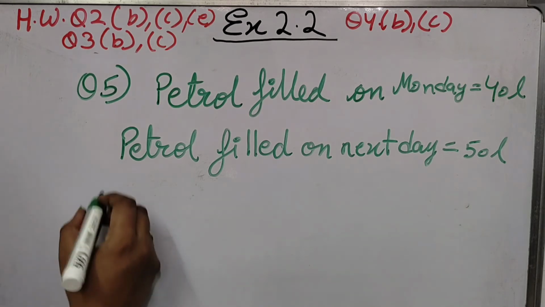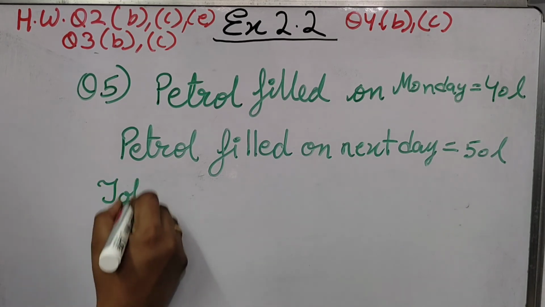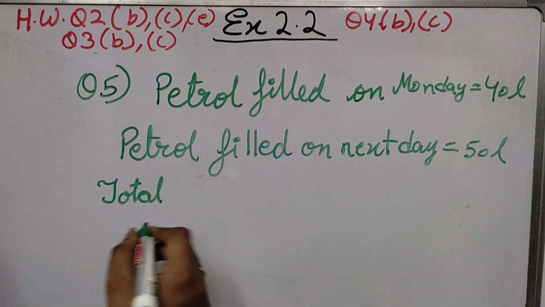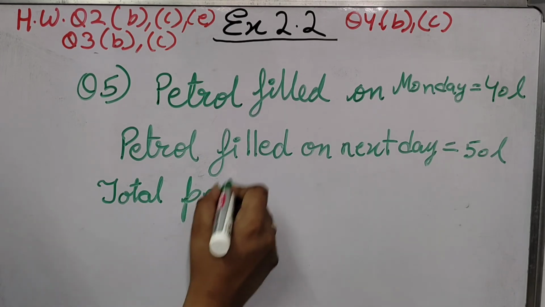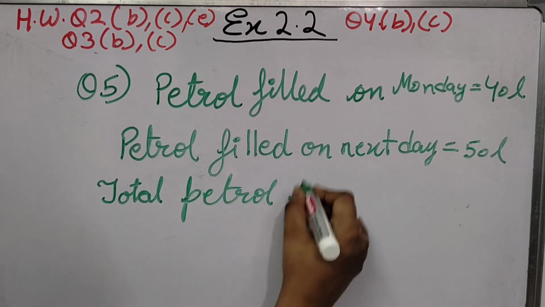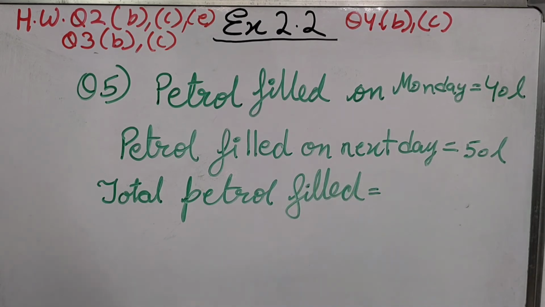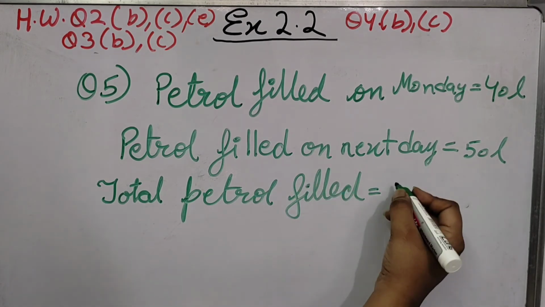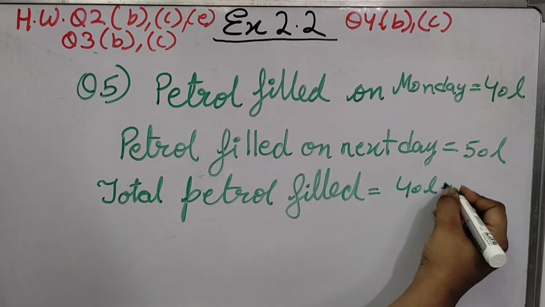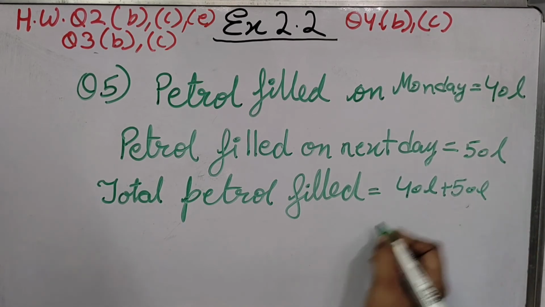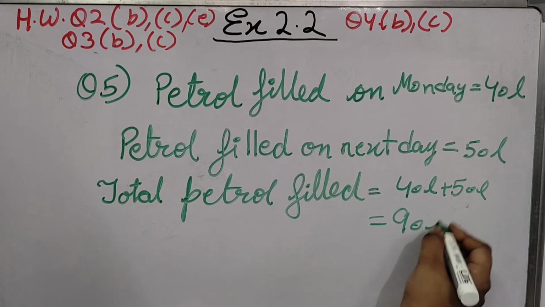Now the third statement is total petrol filled in total. He filled petrol in his car is 40 liters plus 50 liters, which in total is 90 liters.